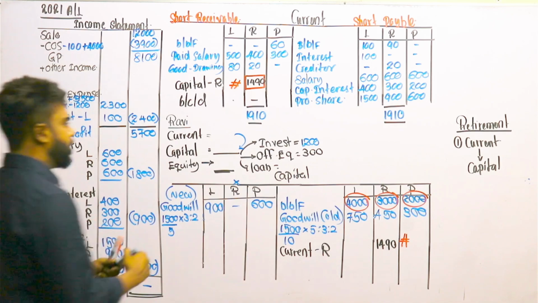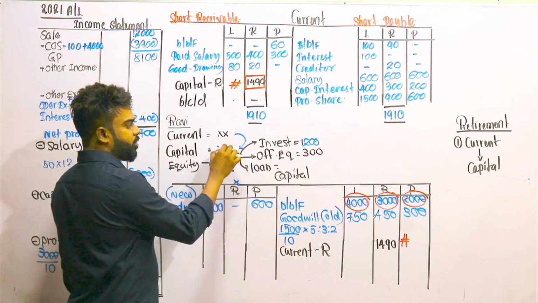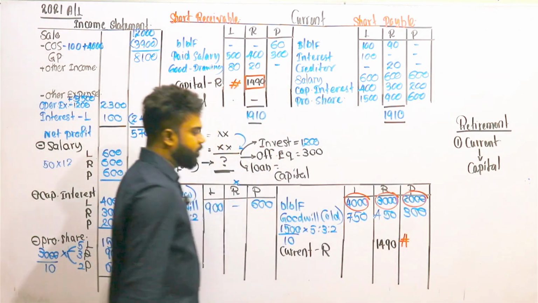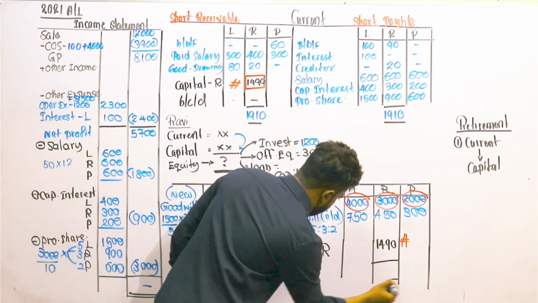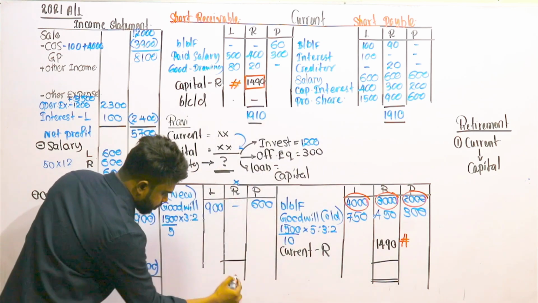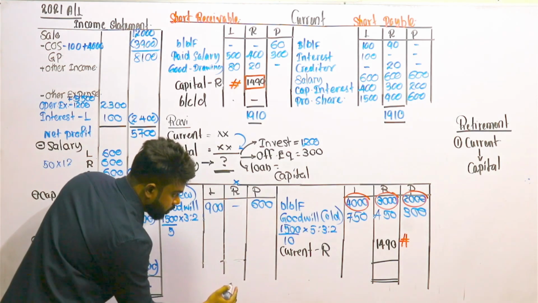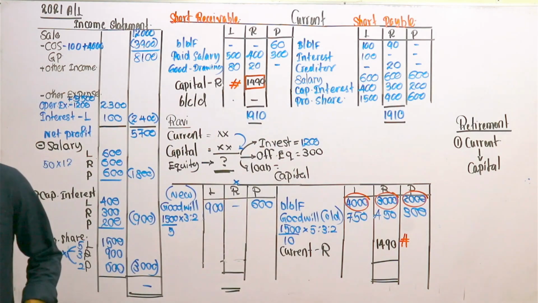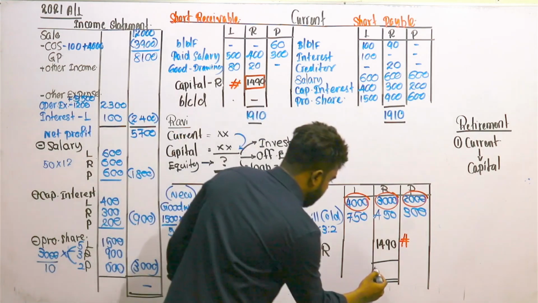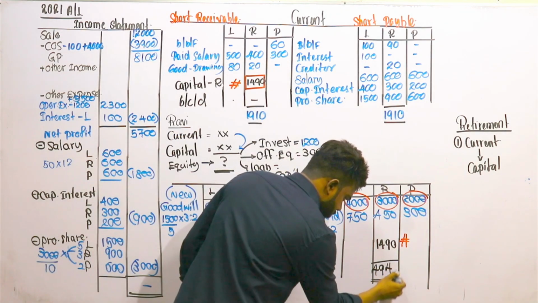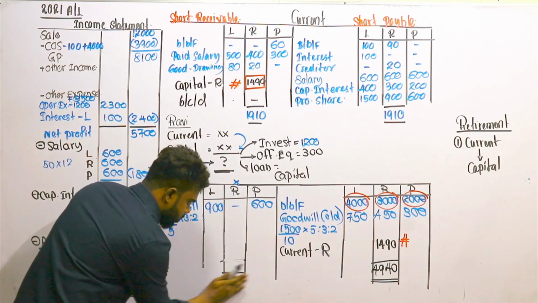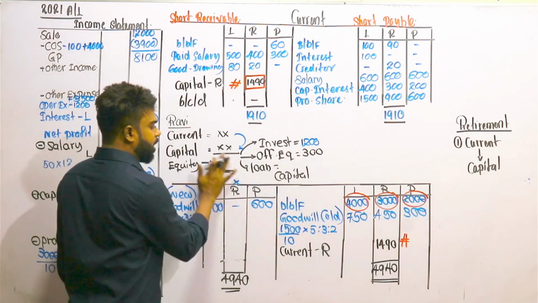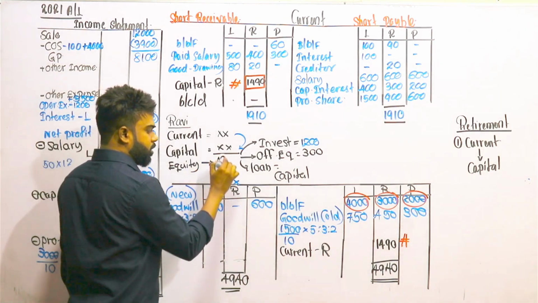Understood? Now you can identify the current account and capital account balance. How much total in the Ravi account column? It's 4940. This is the total equity of the retired partner Ravi, 4940.